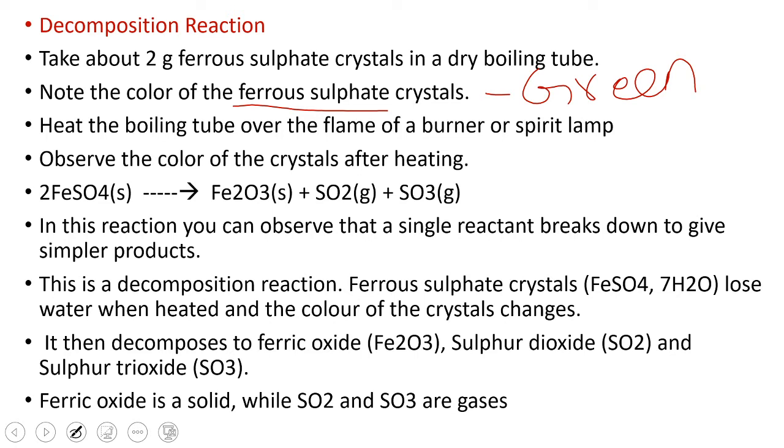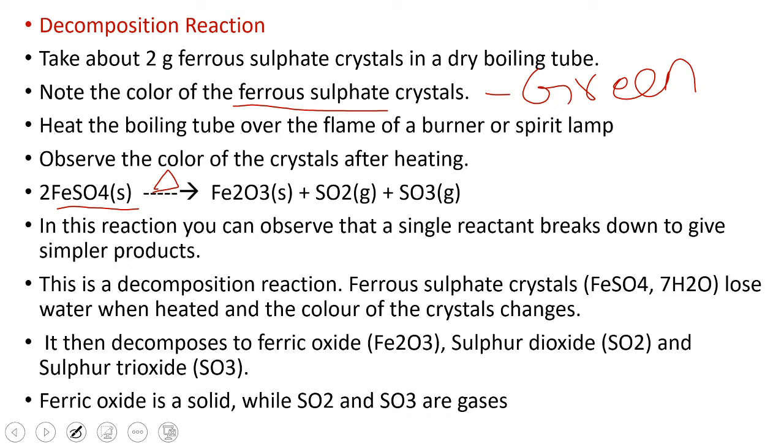Now heat this over a spirit lamp and observe the color of the crystals after heating. Ferrous sulfate is FeSO4, because Fe plus 2 and SO4 minus 2 cancel, so it is FeSO4. So what reaction takes place? Ferrous sulfate on heating, where I am writing the symbol delta to mean heating, gives rise to its oxide, Fe2O3, right?